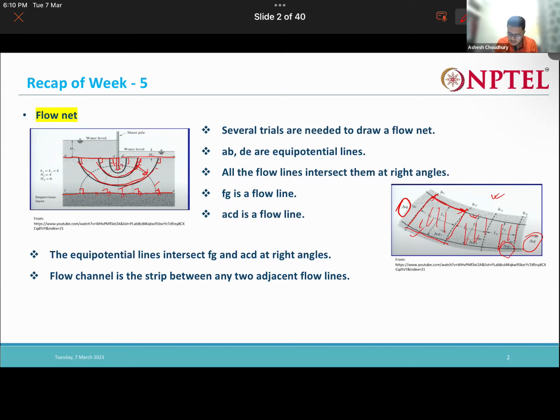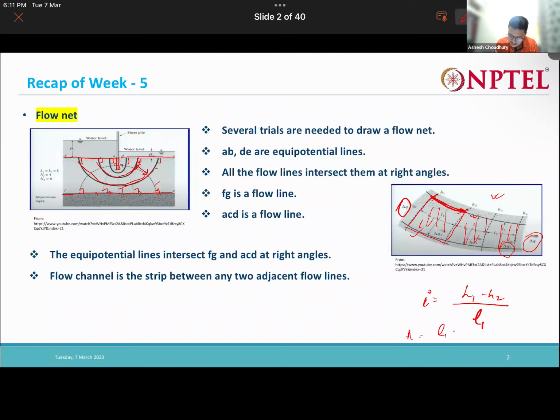So what will be my hydraulic gradient? It will be H1 minus H2 by the length. What is the length along which the flow is occurring? It's nothing but L1. And we are considering unit cross-sectional area along the out of plane direction, that is, the direction perpendicular to the screen, right? So what is my area?